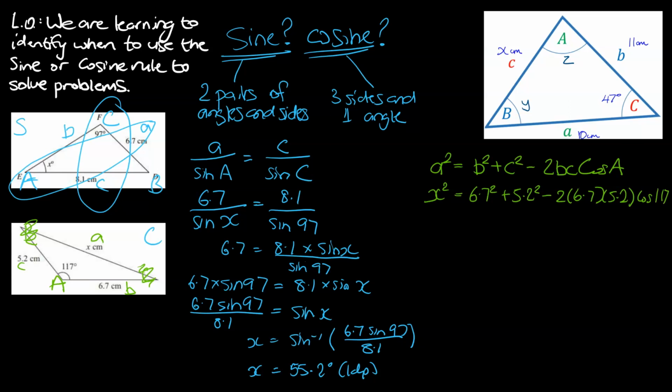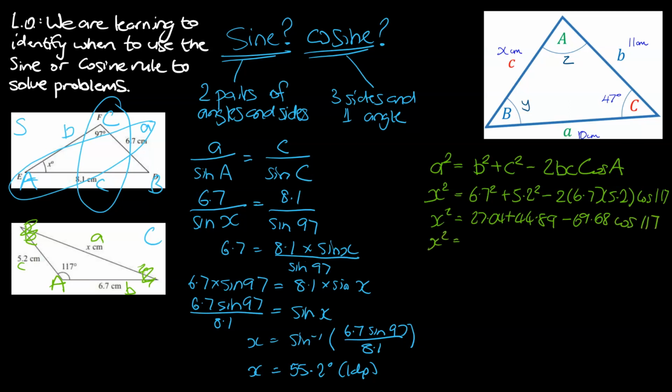From there, we can simplify this a little bit. x squared is equal to 27.04 plus 44.89, minus 69.68 cos 117.